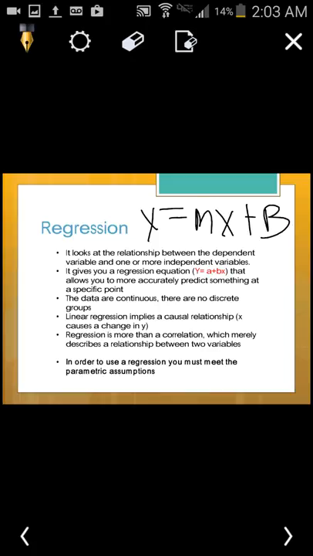That's what b is, and y is just y. So all you really need to know for this are those factors that allow you to more accurately predict something at a specific point. The data is continuous. There are no discrete groups. Linear regression implies a causal relationship.